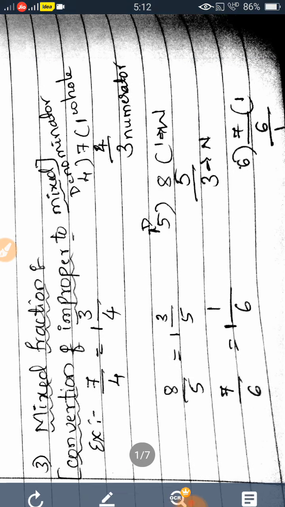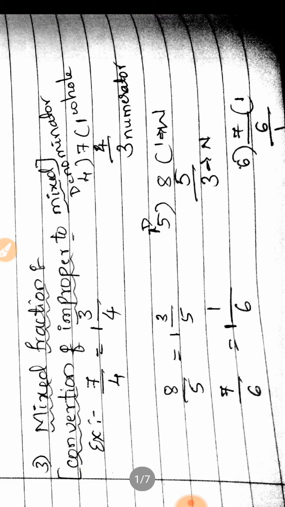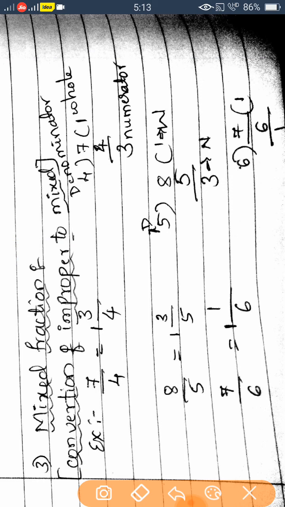For example, I have chosen the above example only. It is nothing but conversion of improper fraction to mixed fraction. How is it? See, 7 by 4 is there. 7 by 4, we can write it as 7 divided by 4.